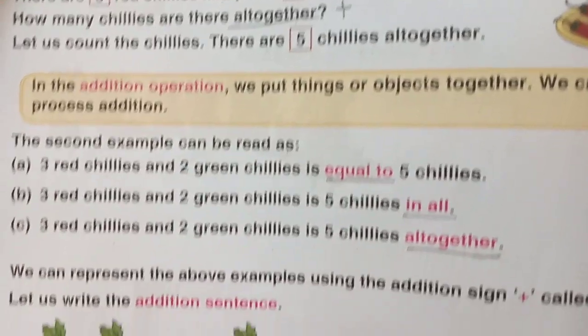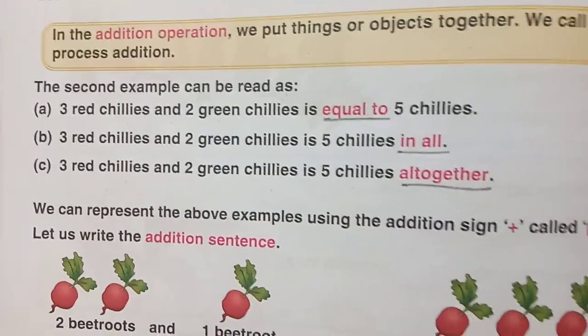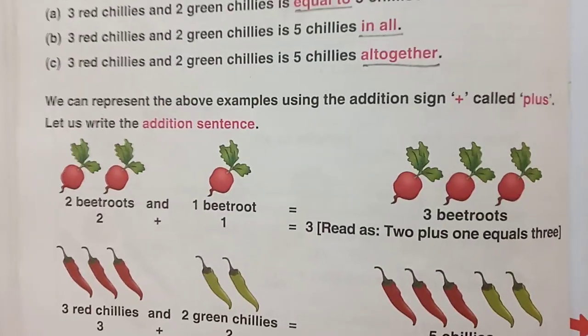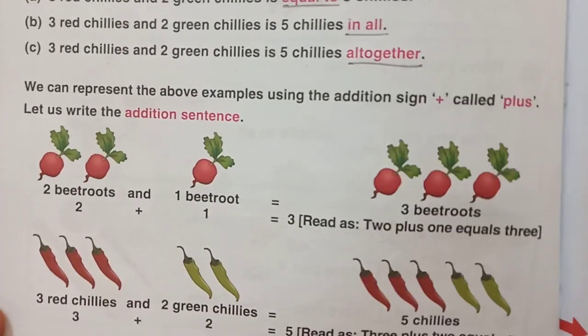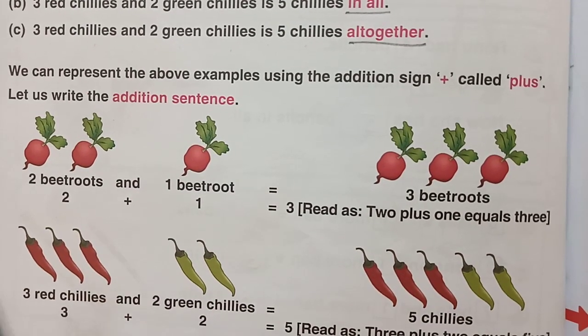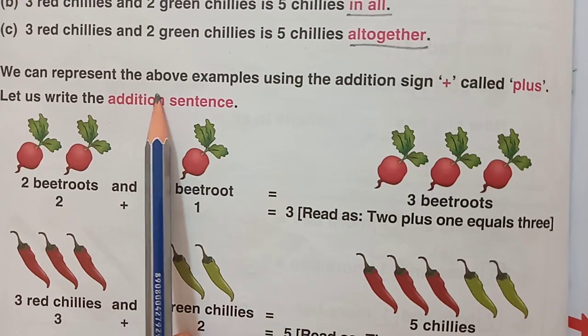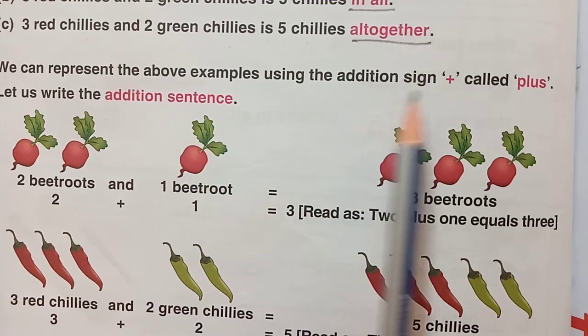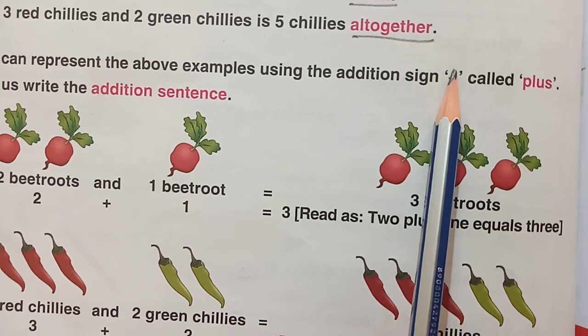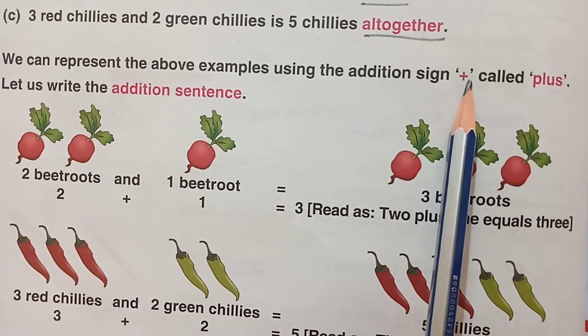Okay. Next we have pictures of examples 1 and 2, what we learnt earlier in the textbook itself. How in a different way can we say this example? We can represent the above example using the addition sign. Which is the addition sign here? One horizontal line and one perpendicular line.